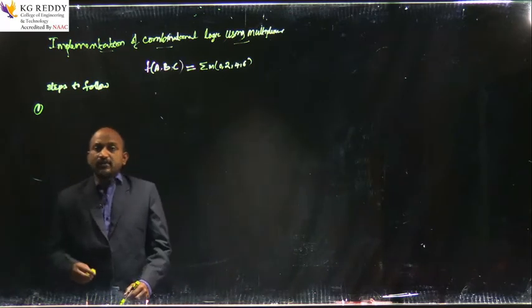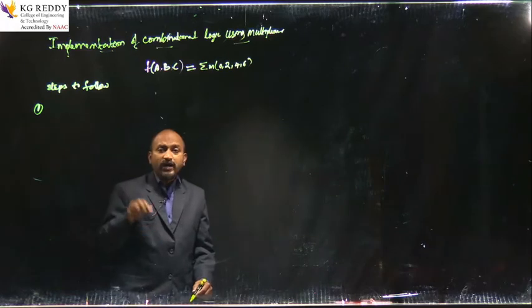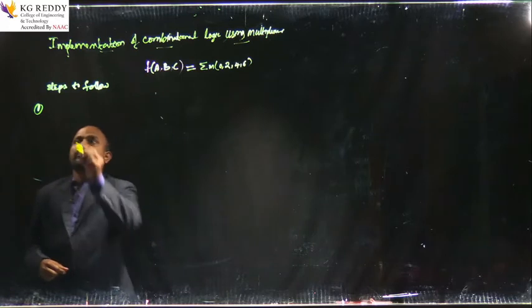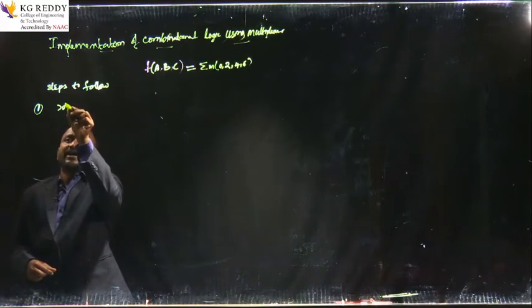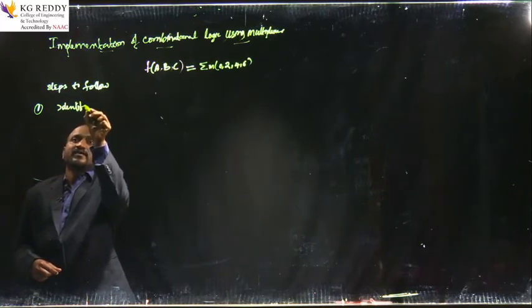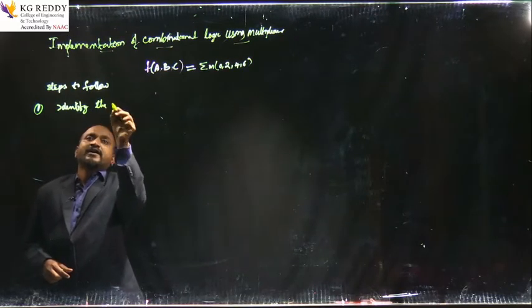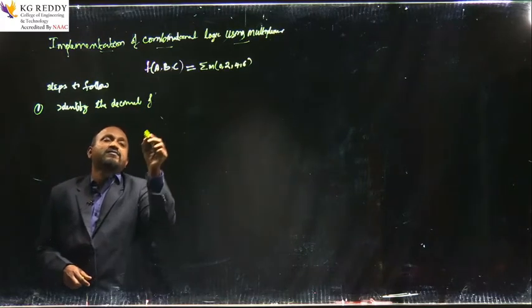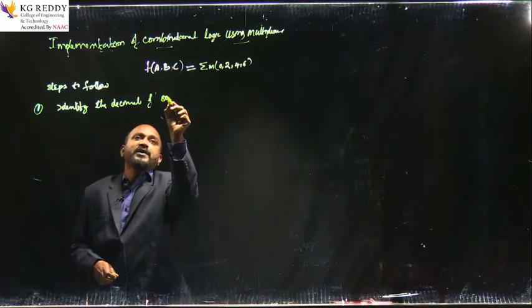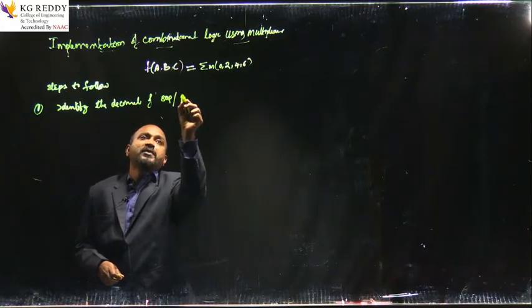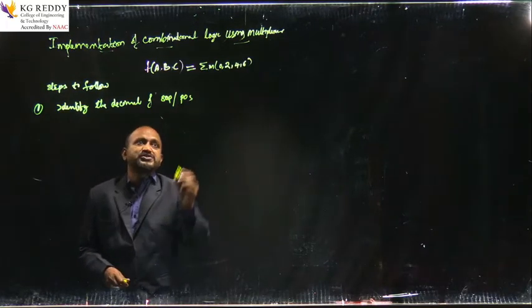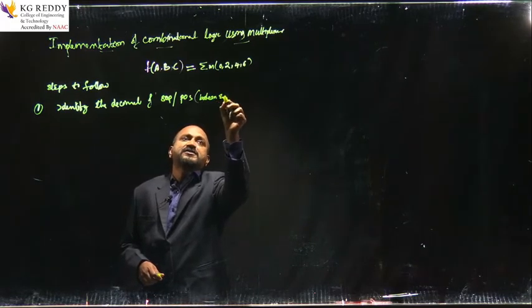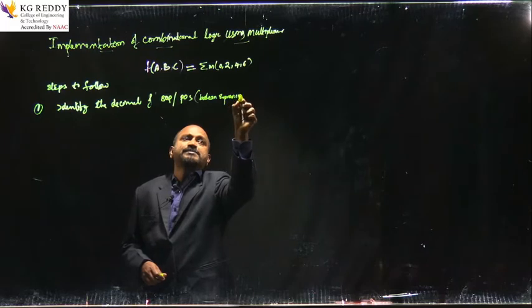So first we need to identify the decimal numbers, the SOP or POS decimal numbers, for the given Boolean expression.